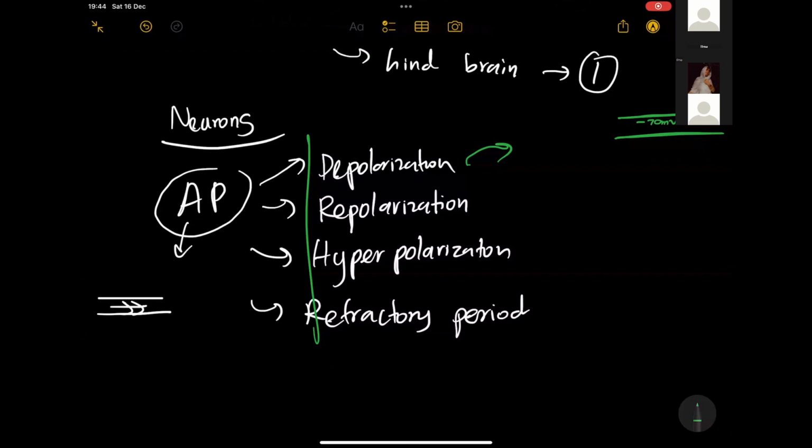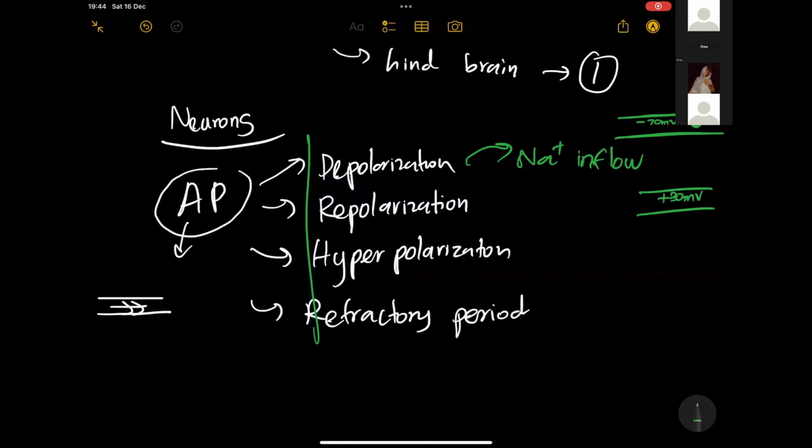How do you make a change? This is by the action of the sodium. Sodium voltage gated channels open, and this results in sodium inflow. So sodium ions come in and make it positive up to plus 30. So this is the first step, depolarization.